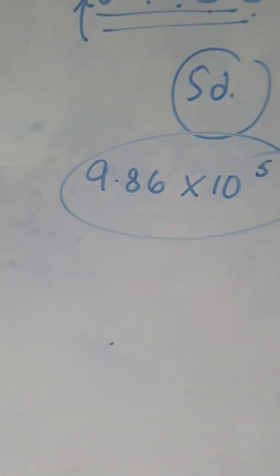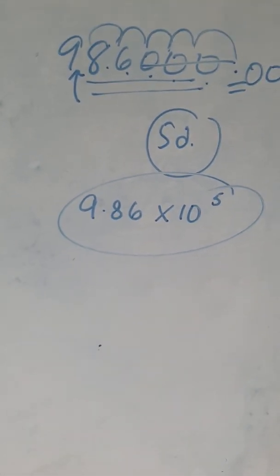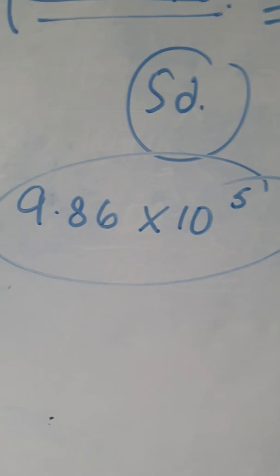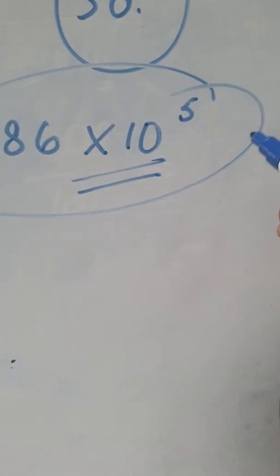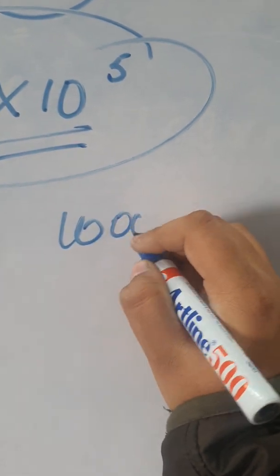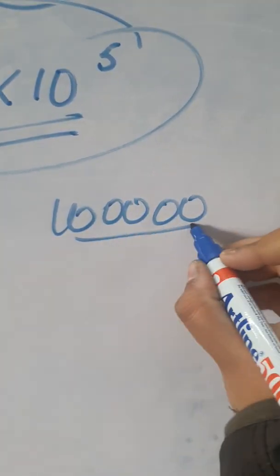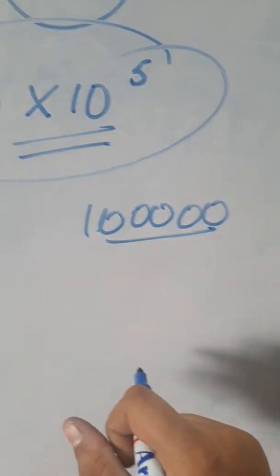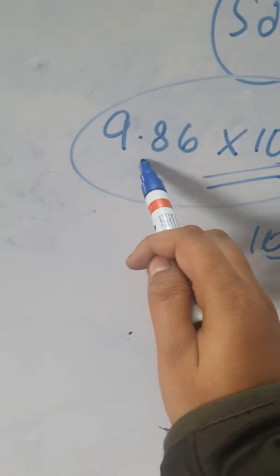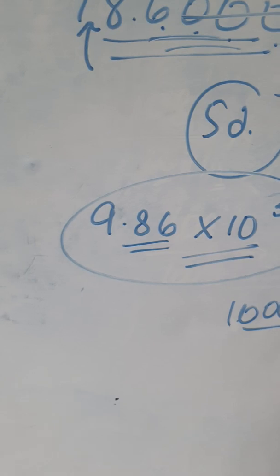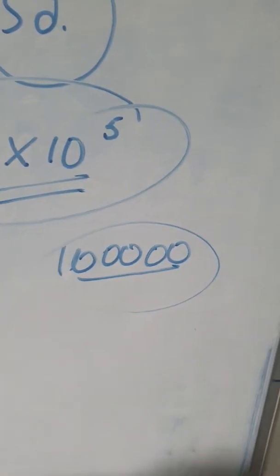Now why does it not make any difference to write the zeros or not? It is because if we expand this, it actually means this, 5 zeros after 1. Now if we say that we have to make this number this, we need to multiply it with 5 zeros.